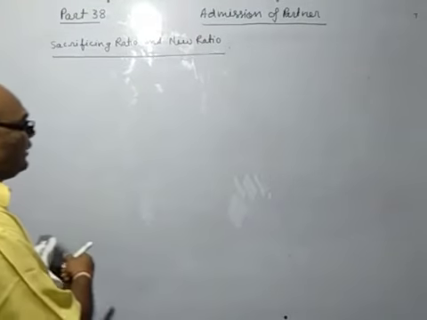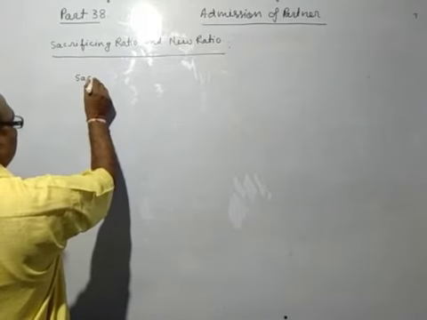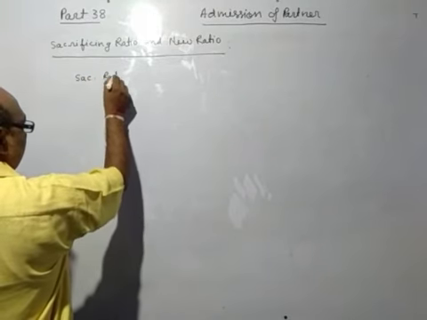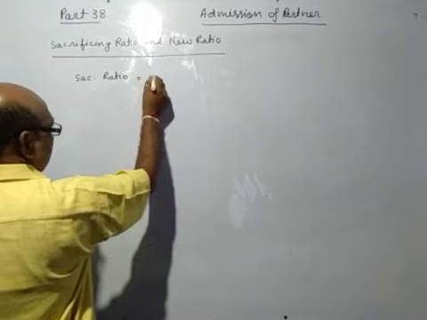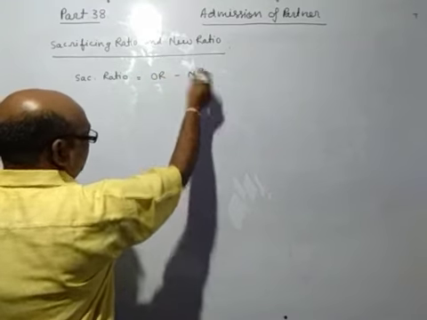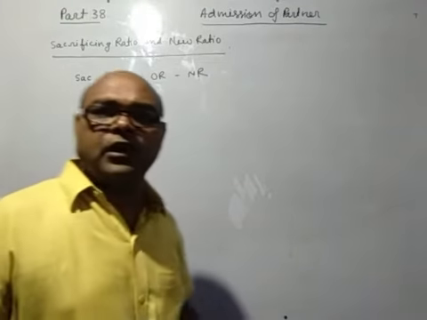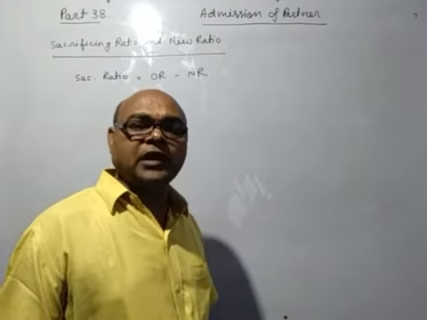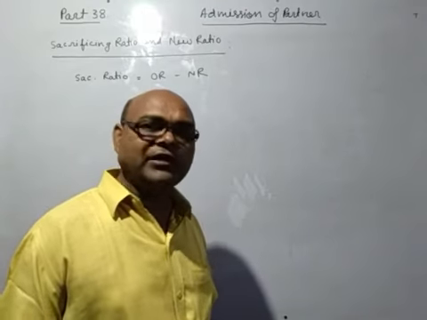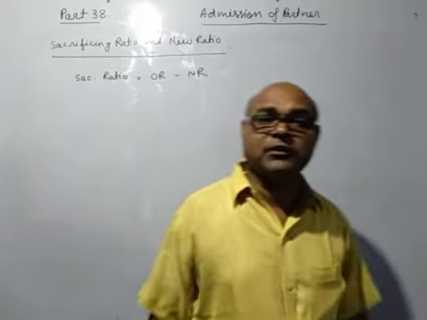Sacrificing ratio equals old ratio minus new ratio. From the old ratio, if you subtract the new ratio, that will come the sacrificing ratio. How to calculate the new ratio, we have already discussed.